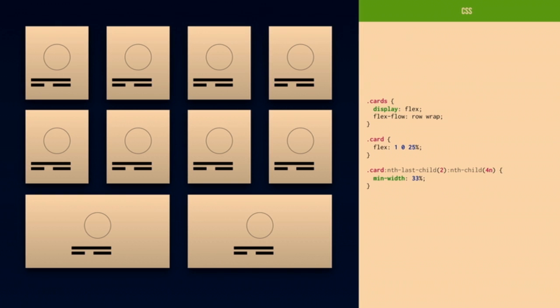And then I'm going to set my cards using shorthand to 1, 0, 25%. This is essentially setting the width of the boxes so I have at least 4 per row, right? Does that make sense? Now, I'm doing something a little bit weird where I'm chaining a handful of last child and nth child selectors.